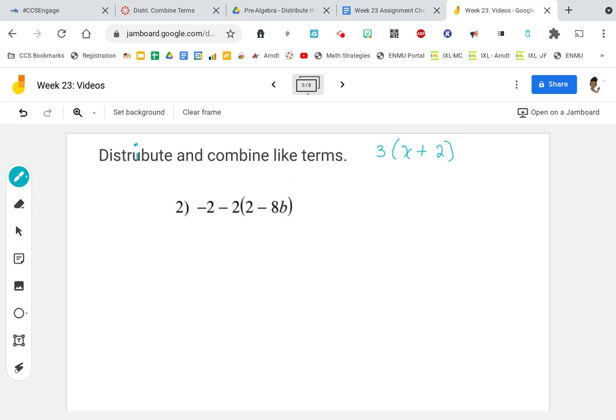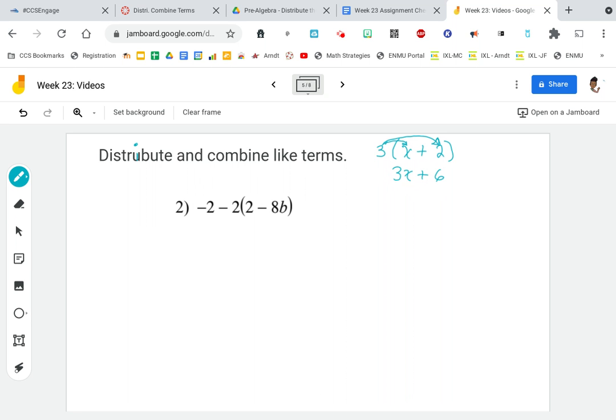And the thing that we would be giving out is that 3 that's on the outside of the parentheses. And we would be multiplying the x by 3, which would give us 3x. And then we would multiply that positive 2 by 3. And that would give us a positive 6.